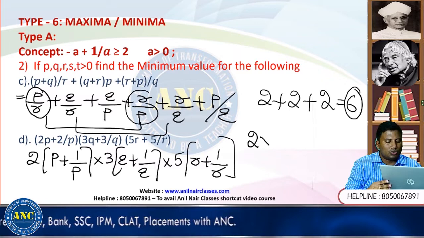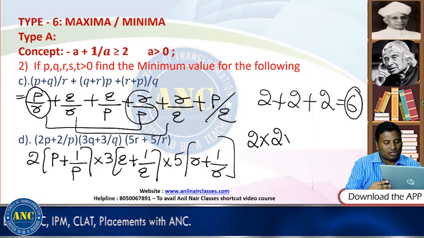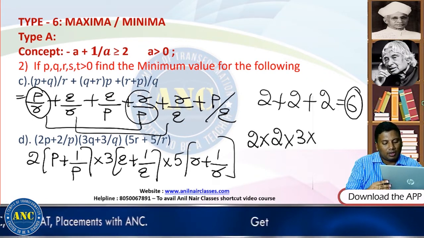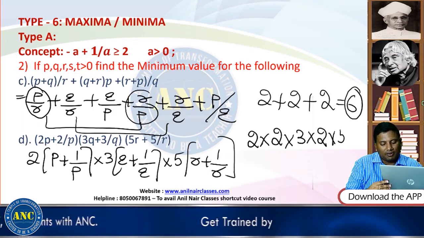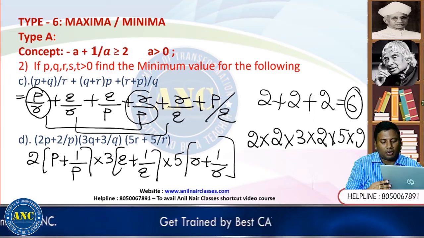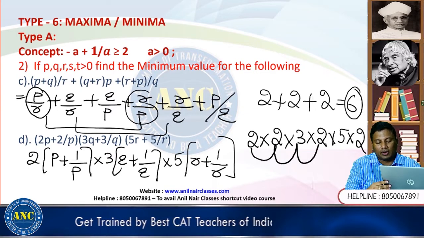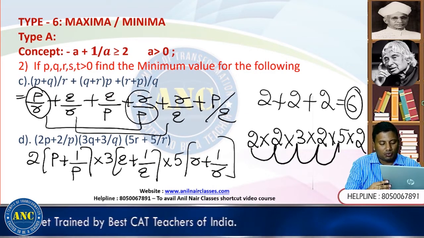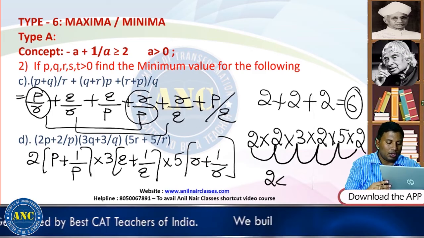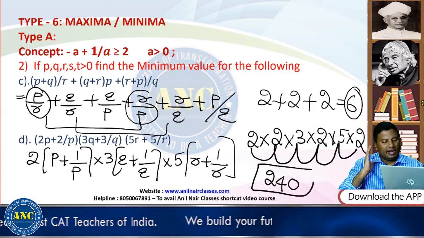So 2 into 2, 3 into 2, 5 into 2. 2 2s are 4, 4 3s are 12, 12 2s are 24, 120, 240. Idea is clear?